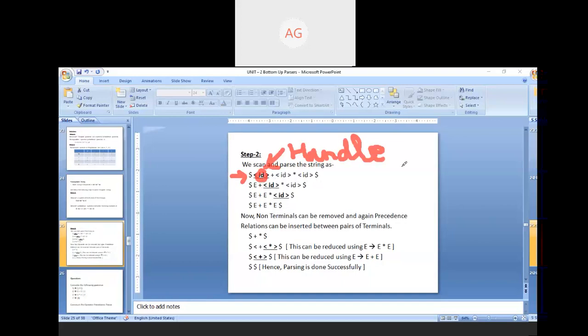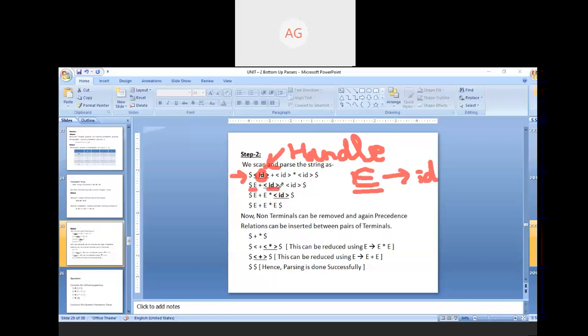So as we have the production that E produces id, whichever production produces this terminal, we can replace it with that non-terminal. So as id is produced by the non-terminal E, we need to replace this first id with this E. Now we are scanning the input again, and now we encountered this id.